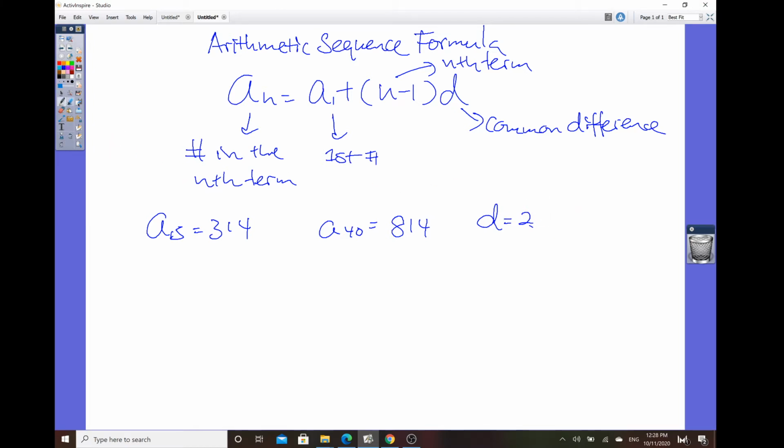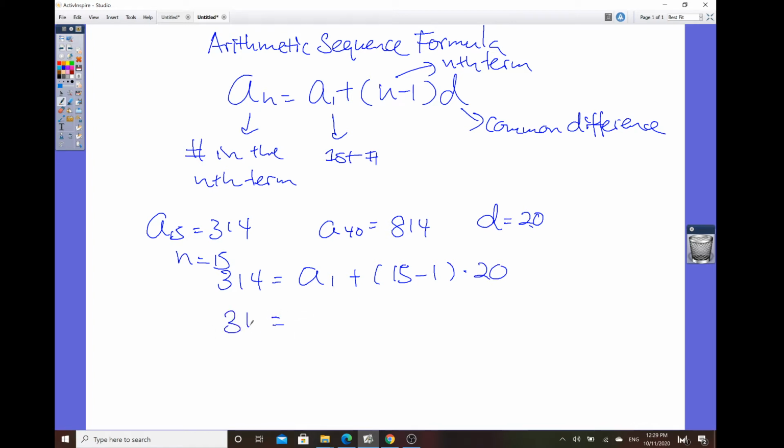Now for the rest of this, we want to find the first five terms, so we need to find a sub 1. Using a sub 15, the higher term this time, a sub 1 we don't know, and n is obviously 15 terms, minus 1, and then we put in the common difference that we found earlier and solve for a sub 1.